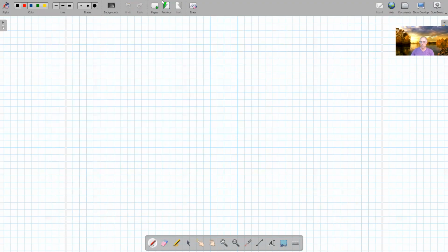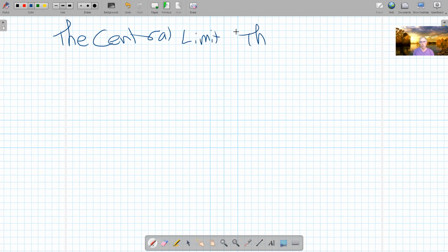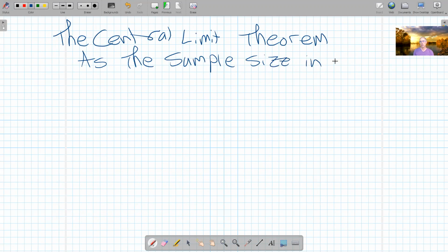So, new page: the central limit theorem. I'm just going to rewrite those first 2 paragraphs a little more briefly. The central limit theorem says as the sample size increases, then a few things happen, not in any particular order.